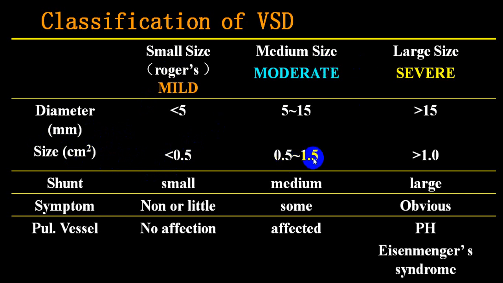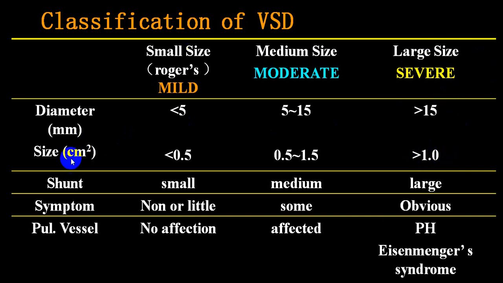Moderate size is 0.5 to 1.5, and diameter wise 5 millimeter to maximum 15 millimeter. More than 15 millimeter is called severe, and area wise it is more than 1.5.